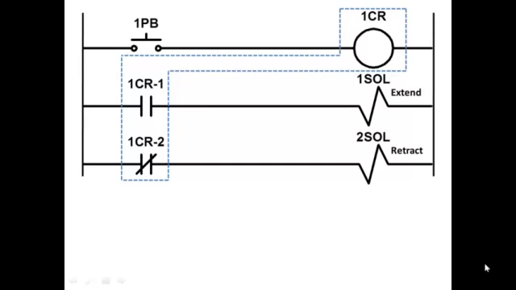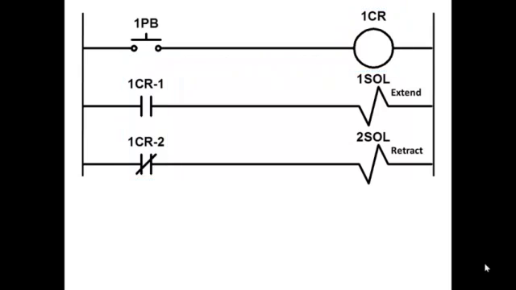Okay, here we have a circuit, and we have three rungs of, we'll call it, relay ladder diagram. This is an actual electrical circuit, not a PLC program, but they look a lot alike.